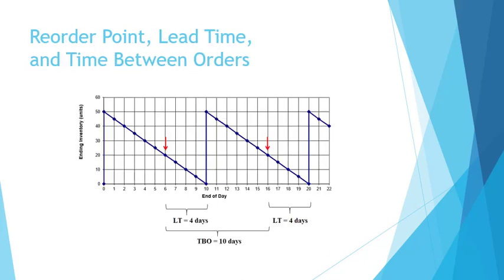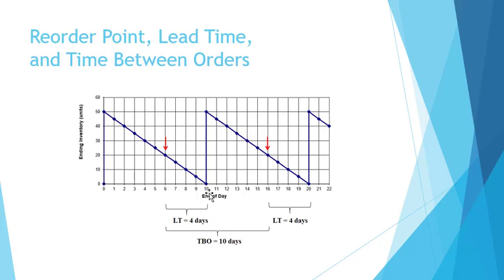Now we will see another similar, actually the same graph, but we are going to discuss reorder point, lead time, and time between orders. We recall that the order lead time is 4 days.